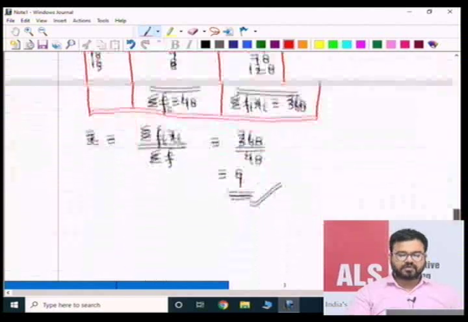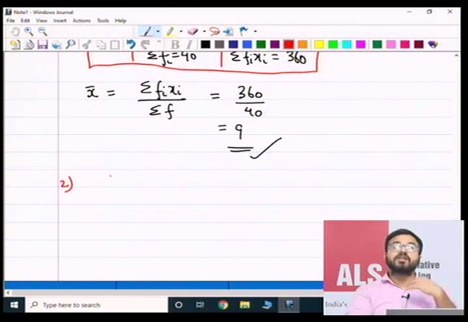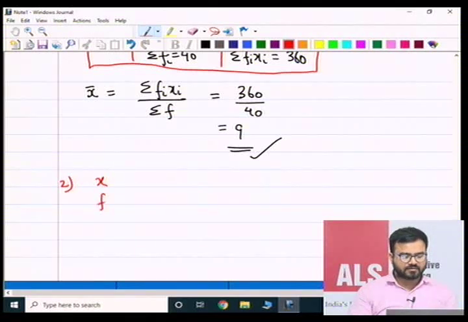Now let me give you one question. Try this one. In this one, you have to find the value of some variable.